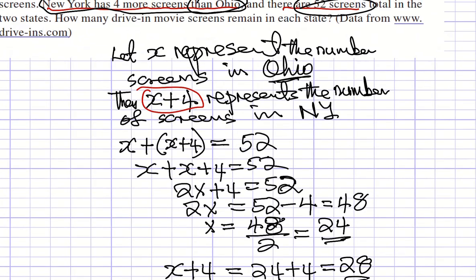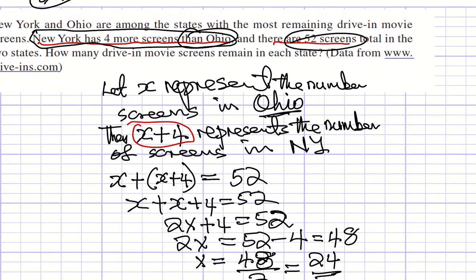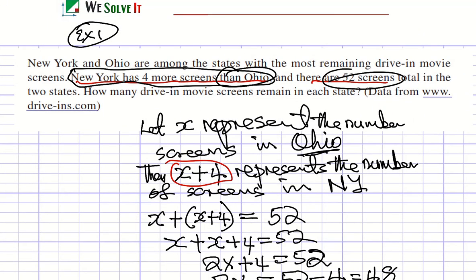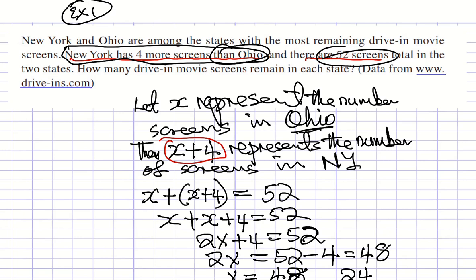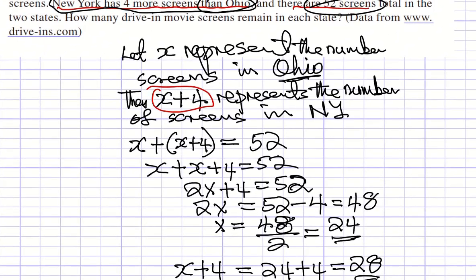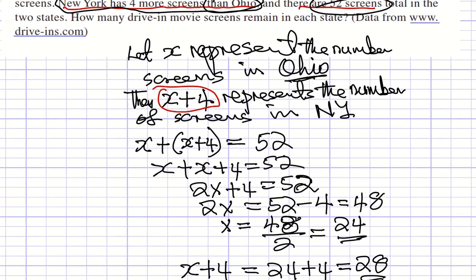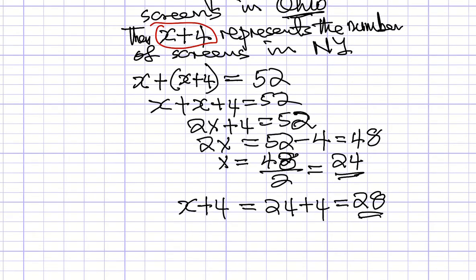So you can check that. It says there were 4 more screens in New York than in Ohio, right? If Ohio has 24, according to what we found, then New York will have 28.